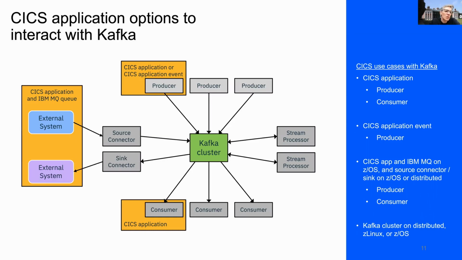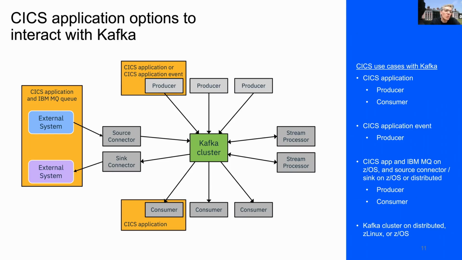As a consumer, you will have to really write that application, because there's no way of automatically injecting data into applications. So you would typically write a long-running application in CICS, which would listen on a topic, wait for events or messages to arrive on that topic, and then spawn off or run a program inline.